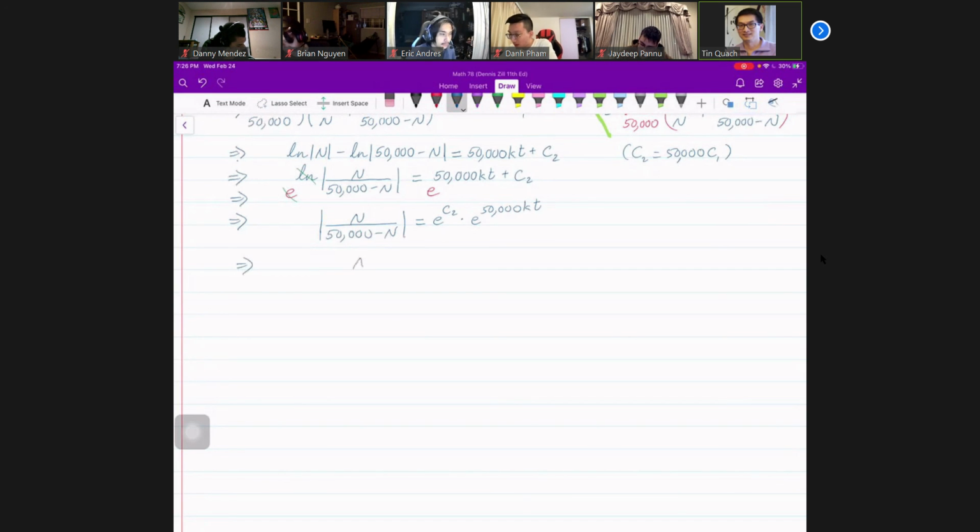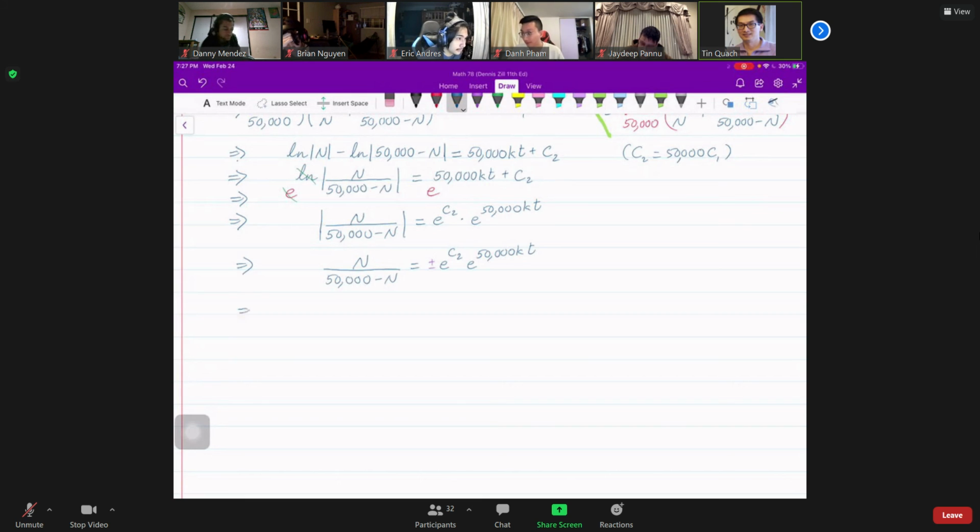So from here, I get rid of the absolute value symbol. Then that means on the right side you're going to have a plus and a minus, e to the c sub 2 times e to the 50,000 kt.